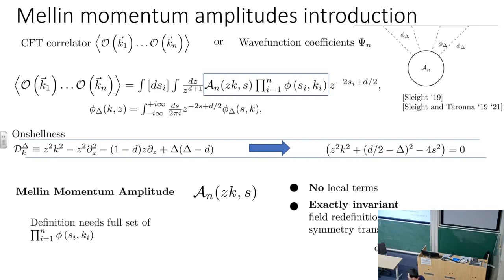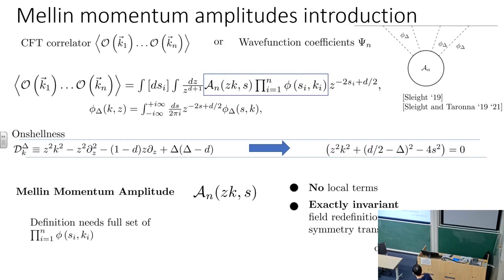Because we know the bulk-to-boundary propagator satisfies the equation of motion, the Klein-Gordon equation in AdS. This turns the equation into an on-shell condition for each external leg, just like k squared plus m squared equals 0 for the amplitude in flat space. With this on-shell condition, the natural object to work with is this curly A here, what we call the Mellin momentum amplitude.